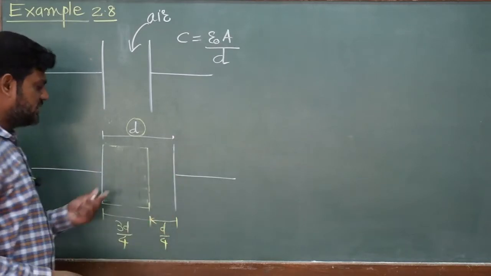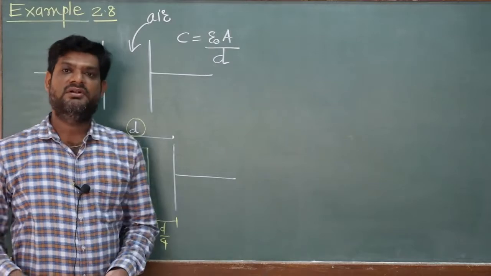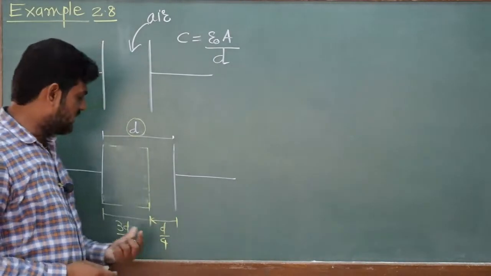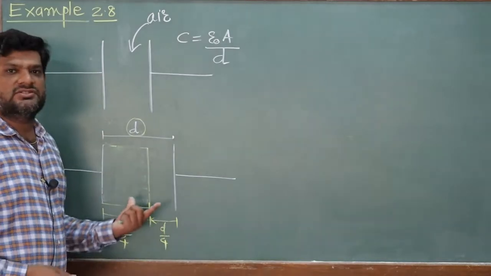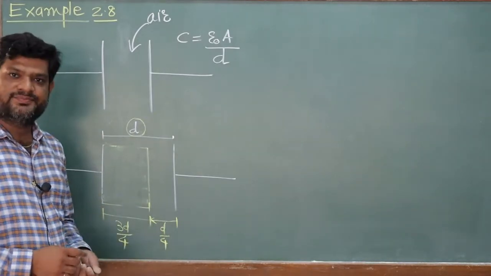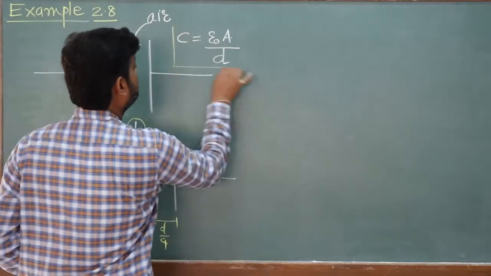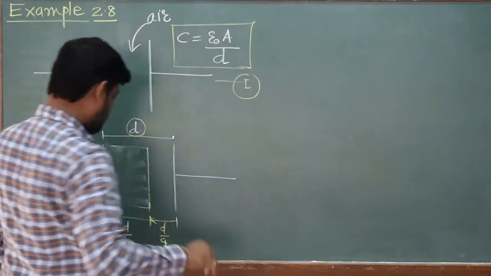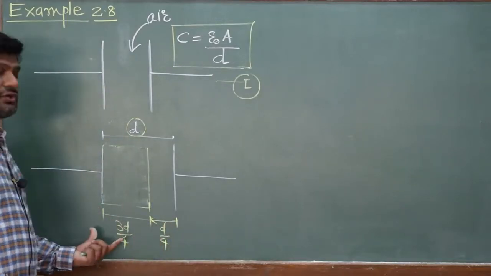Now find the equivalent capacitance of such a capacitor. This is equation number 1. Here we can consider two capacitors.